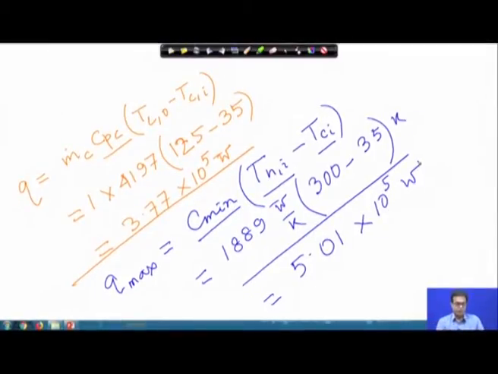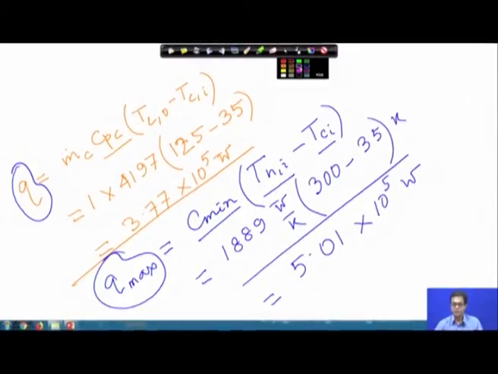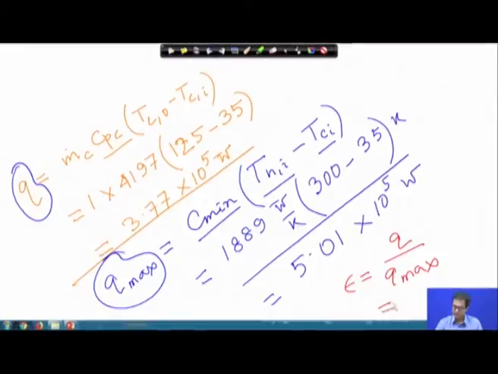Now, we know the actual heat transfer, we know the maximum heat that can be transferred. So, we can now find out the effectiveness. So this is Q by Q max, and it will come out to be 0.75.